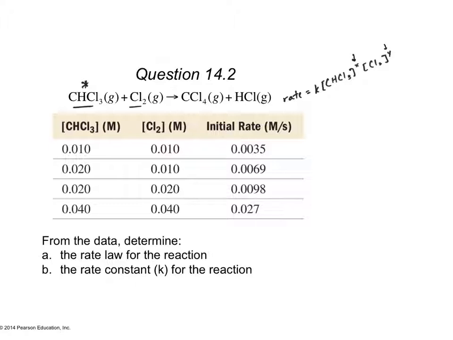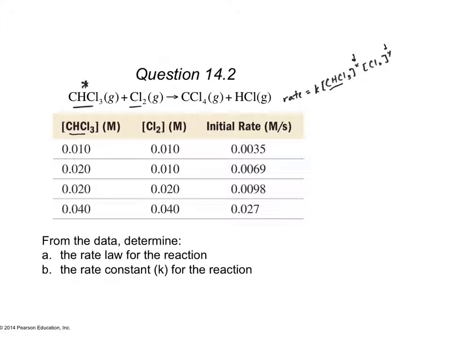So for the first one, I'm going to look for the order with respect to CHCl3 because that's going to be the easiest one for this problem. Okay, so to figure out the order with respect to CHCl3, I need to find 2 experiments where I do something to the concentration of CHCl3 and I hold the concentration of Cl2 constant, right?